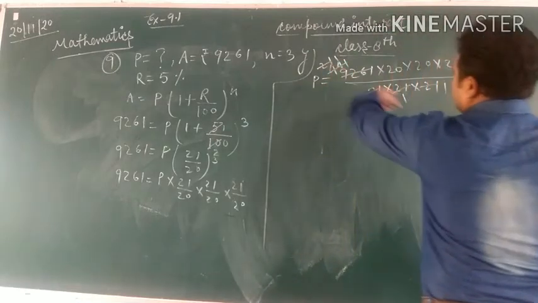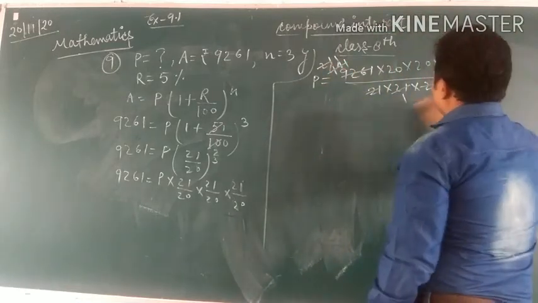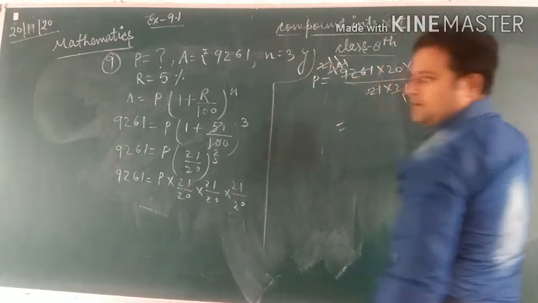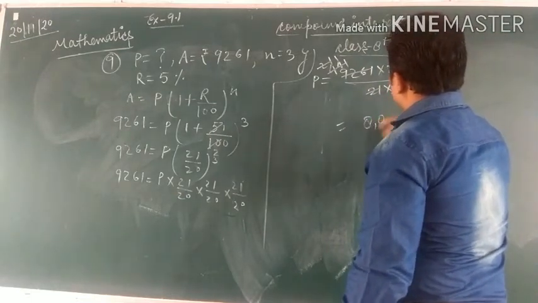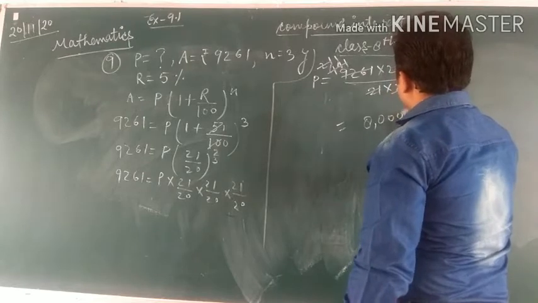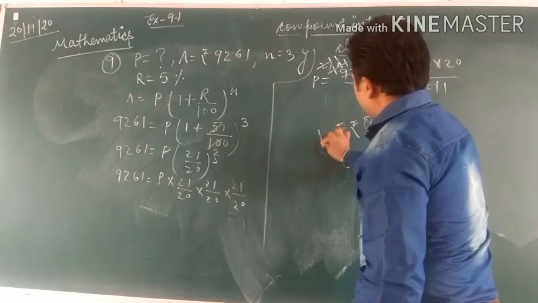So it is completely divided by 21. So your answer will be 2 times 4, 4 times 2 is 8, and these 3 zeros. Your answer is 6000. This is your answer.